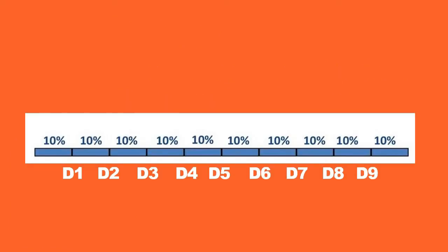So observe the given illustration. For quartiles, we have 25% for each part, while for deciles, each part is 10%. And we have 9 score points, namely decile 1 or D1 up to D9 or decile 9.